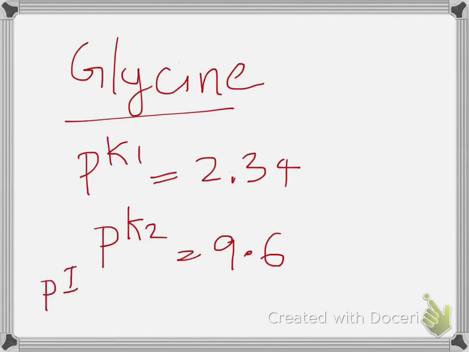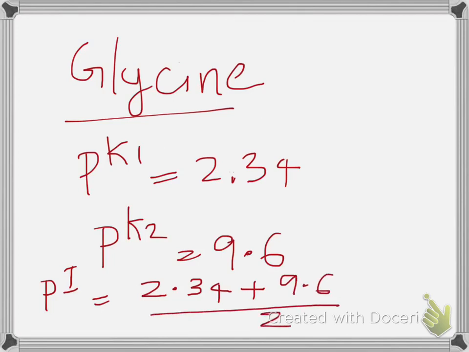Then how can we calculate the Pi? Pi equals 2.34 plus 9.6 divided by 2. That is approximately 5.97. So in the case of glycine, the pK1 is 2.34 and pK2 is 9.6. Then by using this we can calculate the Pi.